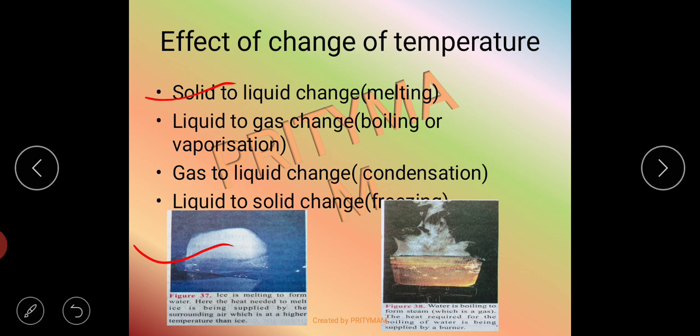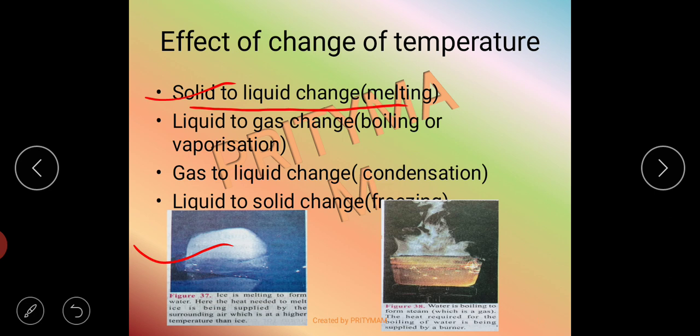The process in which the solid substance changes into liquid on heating is called melting or fusion. So when ice changes into water on heating, it is called melting of ice or fusion of ice.